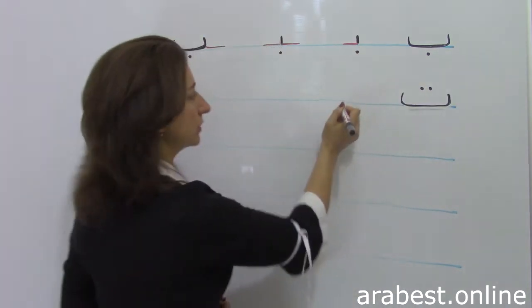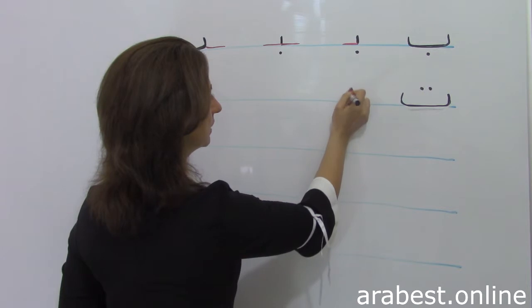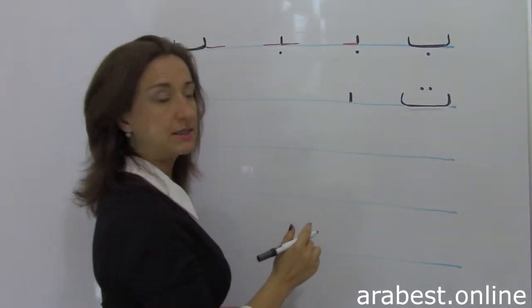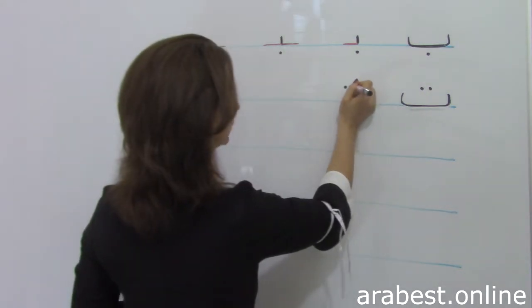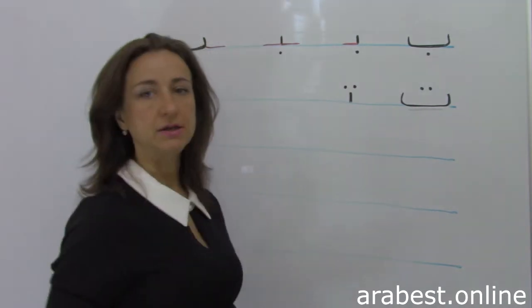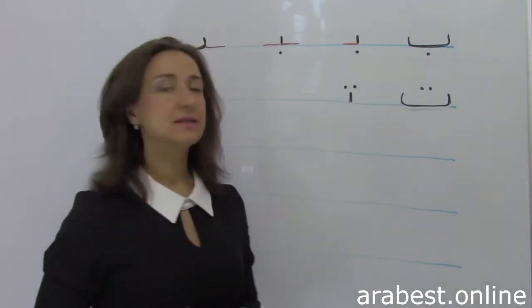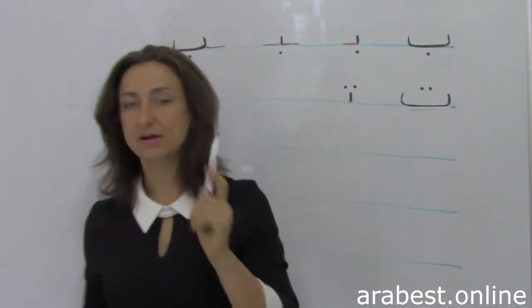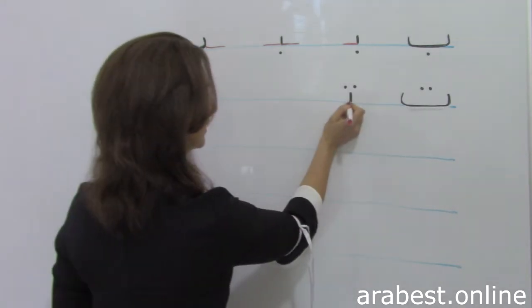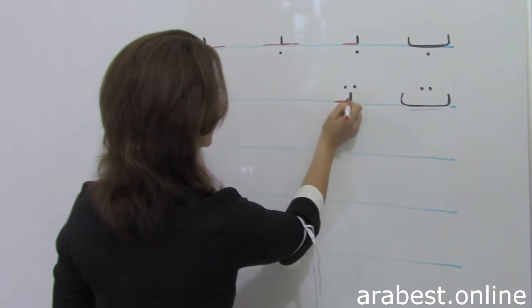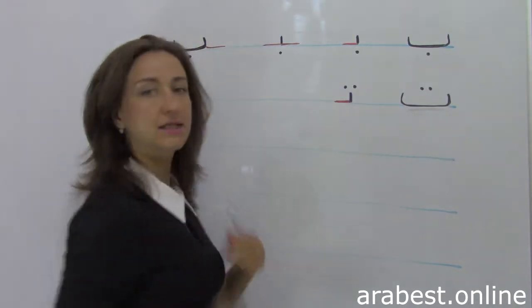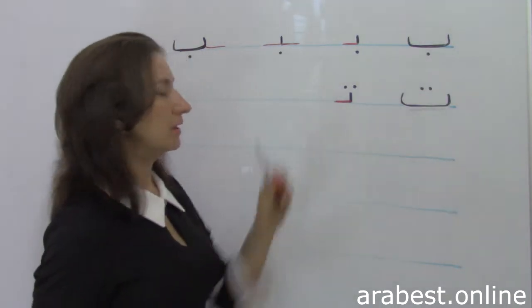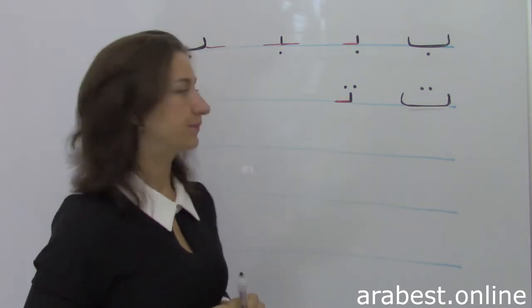Beginning of the word, we have just the stick and two dots above the stick. Reminds us of the nose and two eyes with a connecting hand. Letter ta gives a connecting hand to another letter and we mark it red.